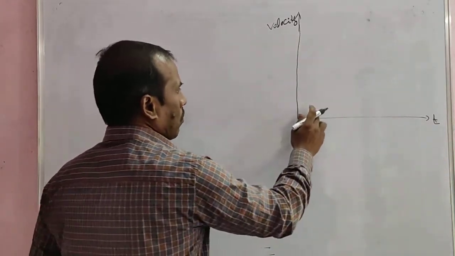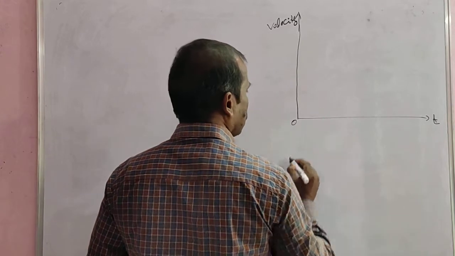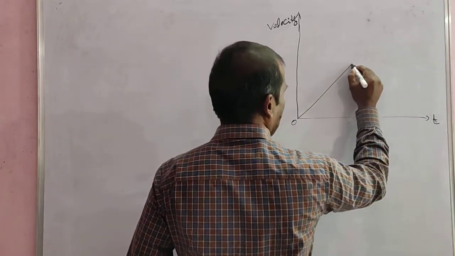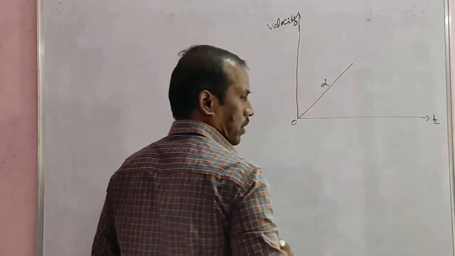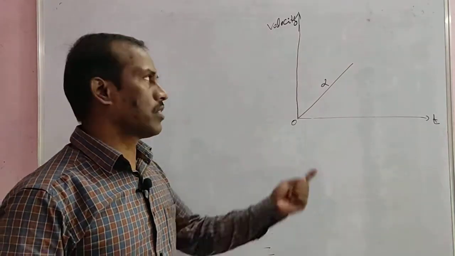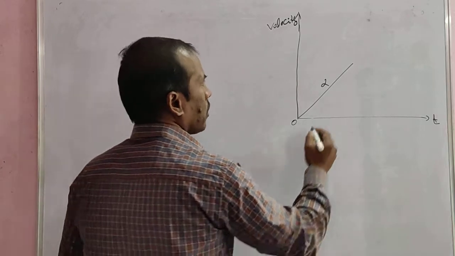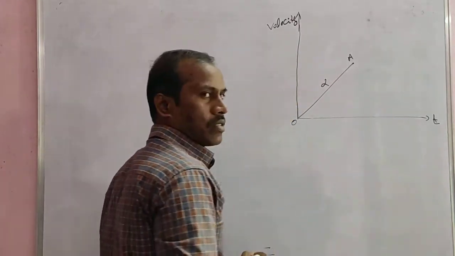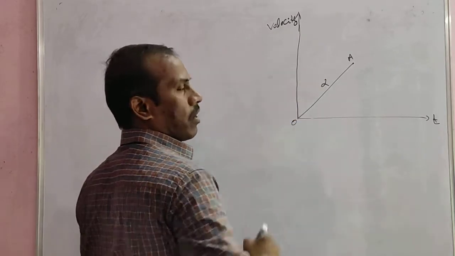Starting from the origin O, in the positive direction, the acceleration is alpha. To reach point A, the bus reaches its maximum velocity v at point A, taking time t1.